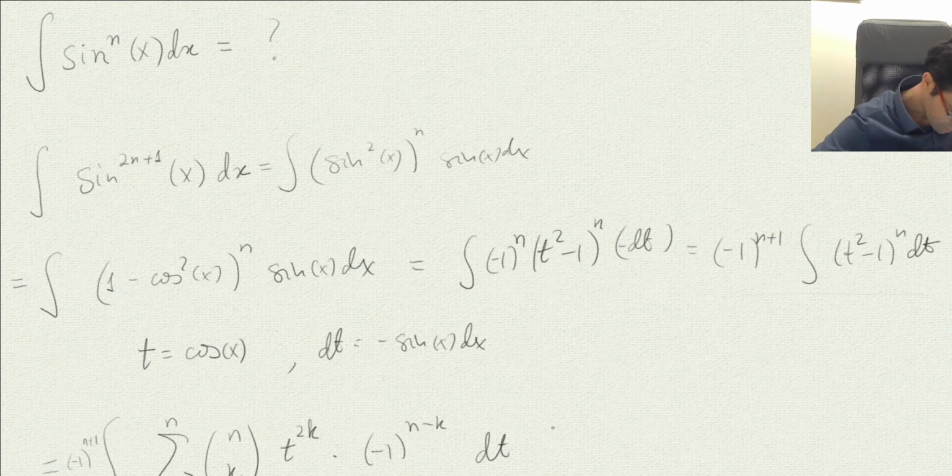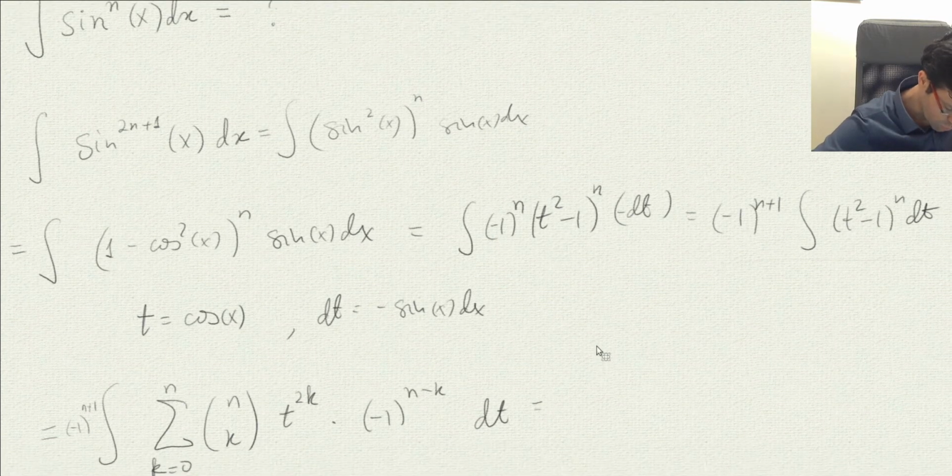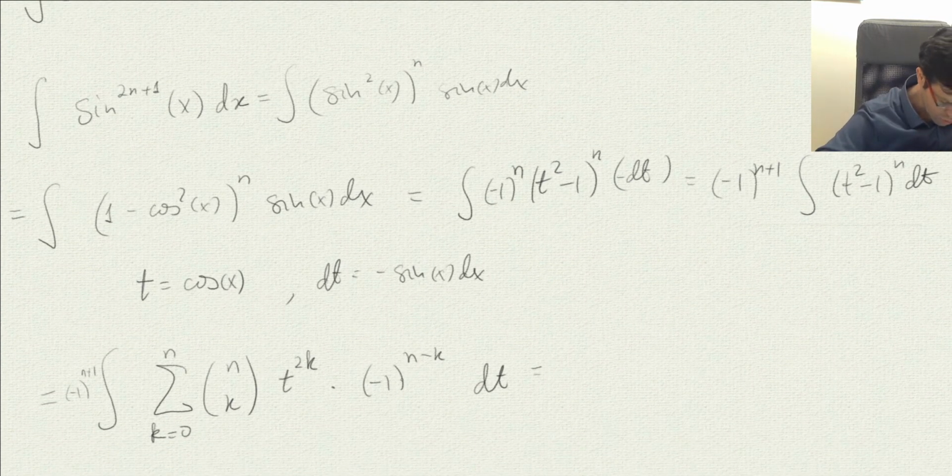So now if we were to proceed and use the linearity of the integral, actually at least this minus 1 to the power of n can be taken out. And here we'll have minus 1 to the power of 2n, which is always 1. So we can write it in the following way. This is going to be the sum as k runs from 0 to n.